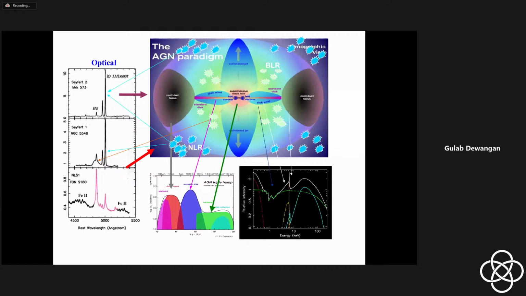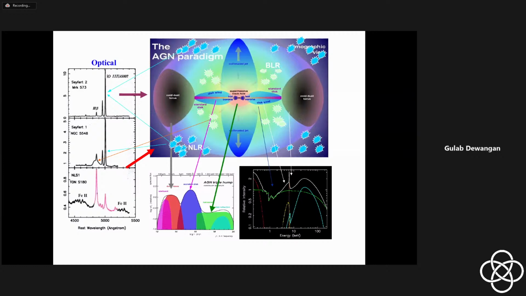The material has certain angular momentum, so it cannot directly come to the black hole, but it forms an accretion disk. The material first spirals in the accretion disk, gradually moves radially inward, and finally comes onto the black hole and disappears below the event horizon.